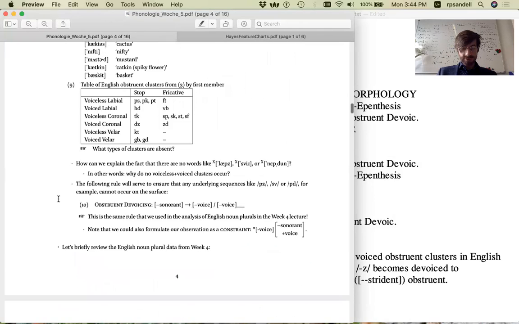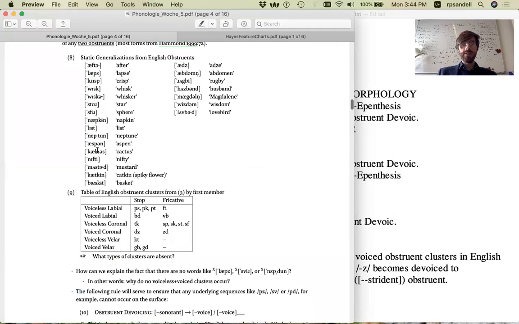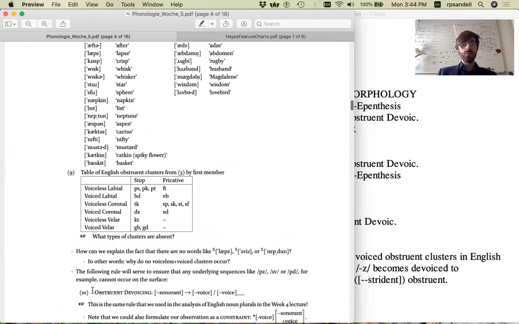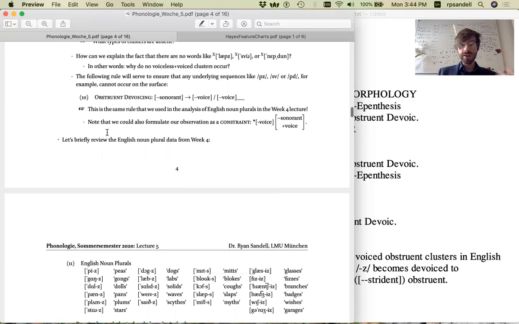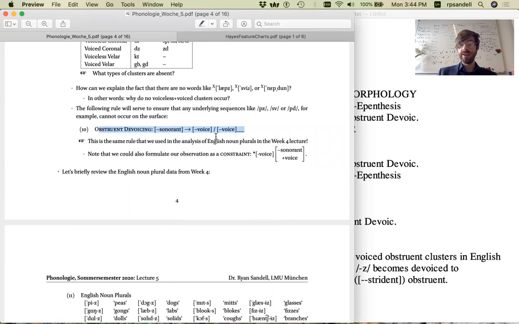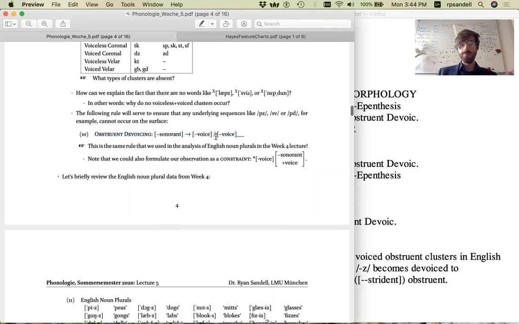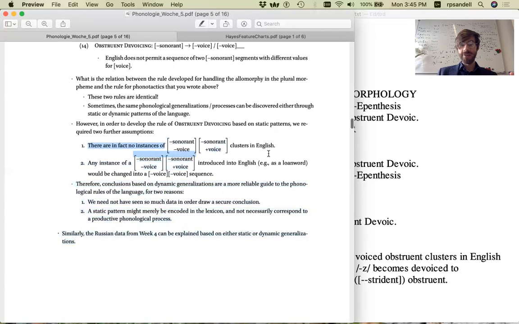So although the data in 8 here is consistent with writing this phonological rule, and that rule helps to explain the fact that the data doesn't contain any of these voiceless plus voiced obstruent clusters, in order to really be sure that this rule actually exists in English, one would need to gather some more data in order to be sure that you're right.